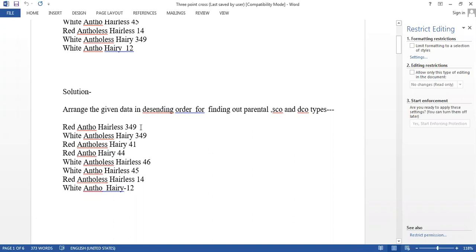The two with maximum numbers, 349 and 349, will be called parental. Similarly, the two least ones, 14 and 12, are called double crossover types. The highest are parental and the lowest are double crossover types.